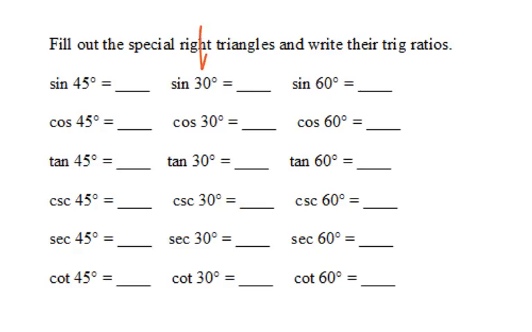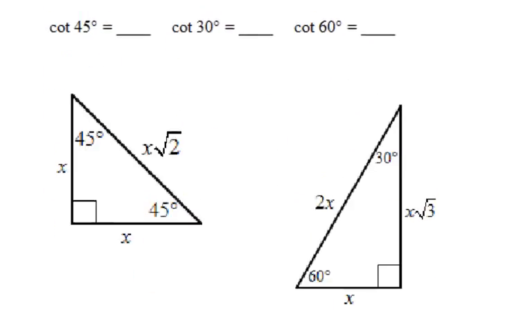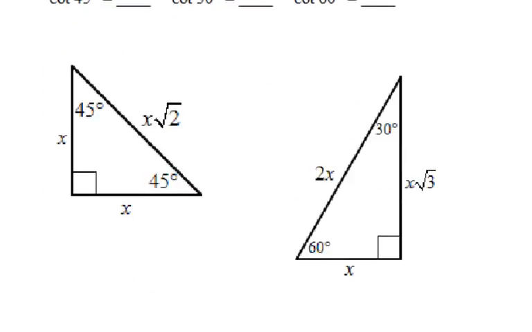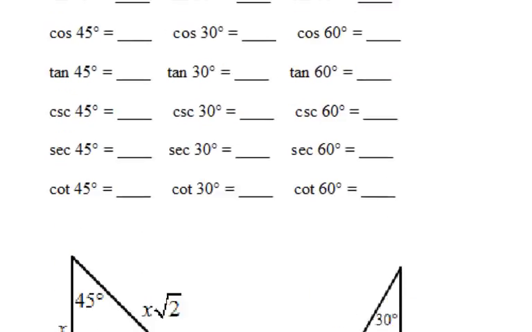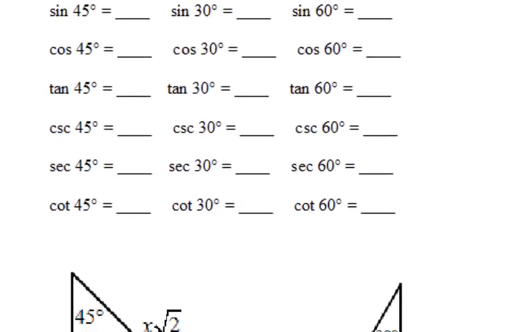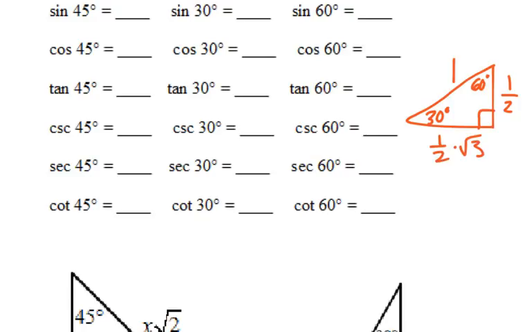Okay, now on this, we're going to have to do the sine and cosine and tangent for those ones as well. Okay, and we have the rules right there. But remember, we're finding it if the hypotenuse is 1. So if the hypotenuse is 1, the shorter side is 1/2, and the longer side is 1/2 times the square root of 3.